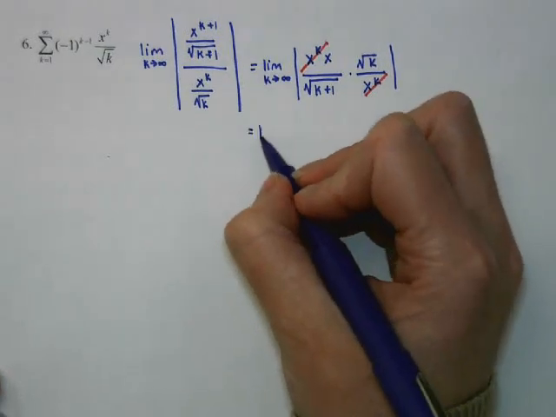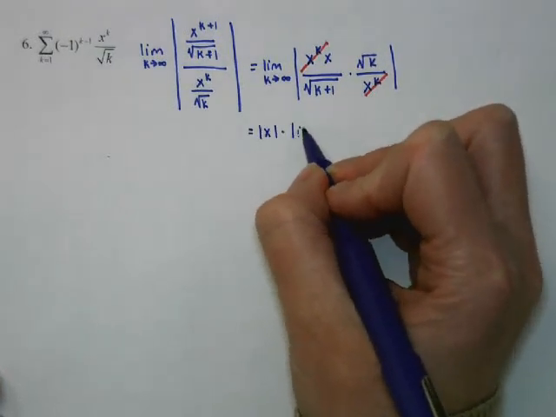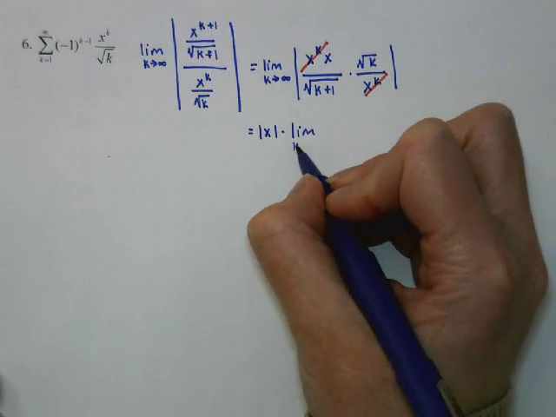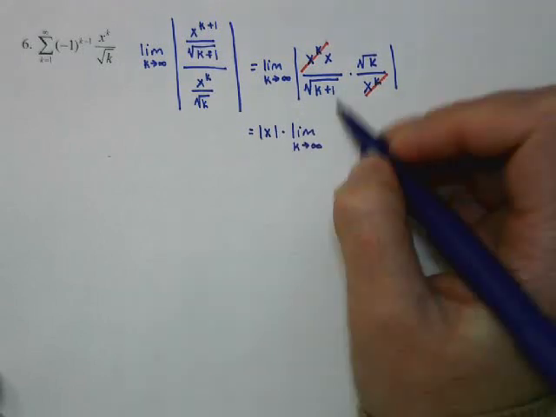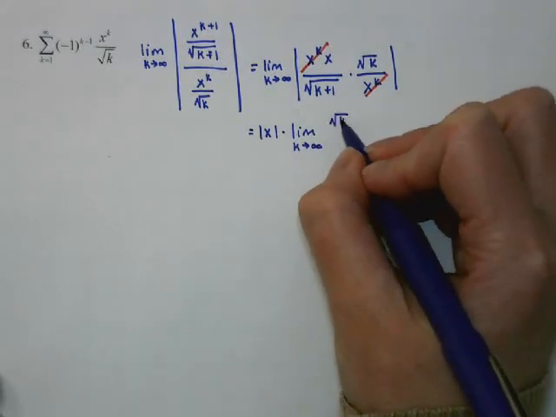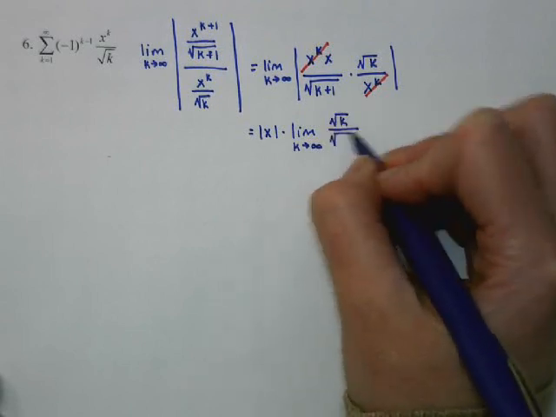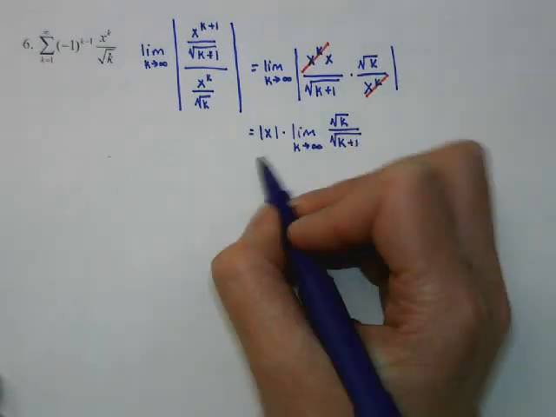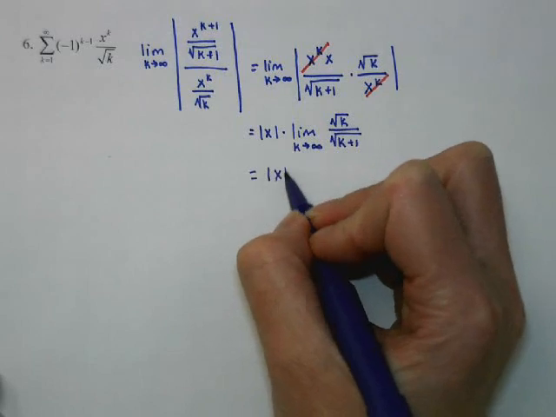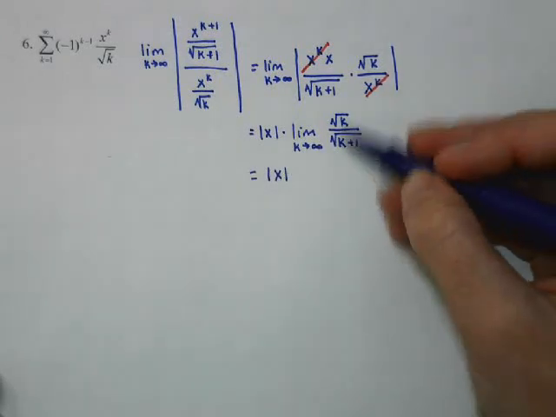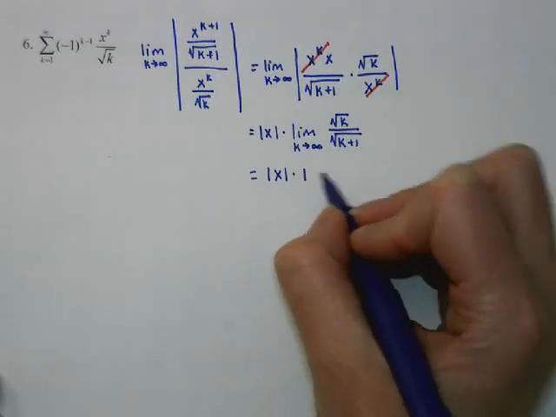So we get absolute value of x times the limit as k goes to infinity of the square root of k over the square root of k plus 1. Well, as we go to infinity, this is the same degree, so this is just going to go to 1.